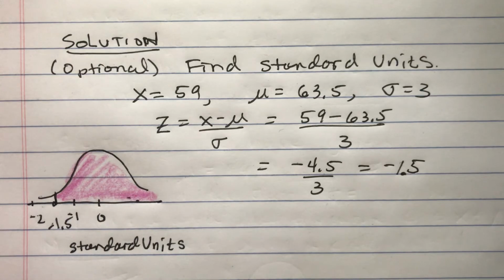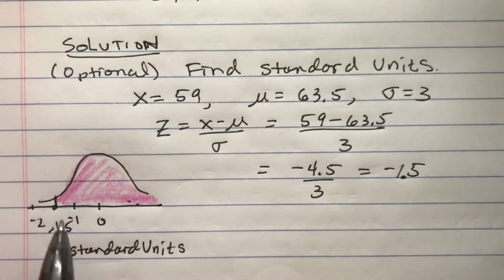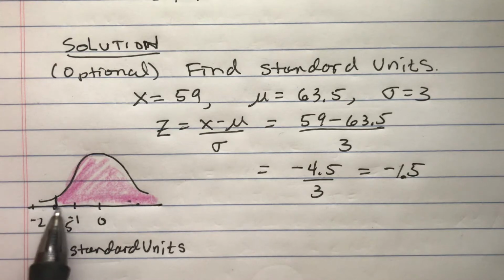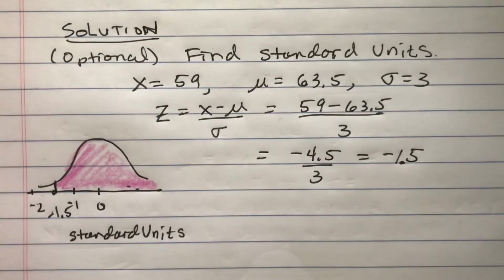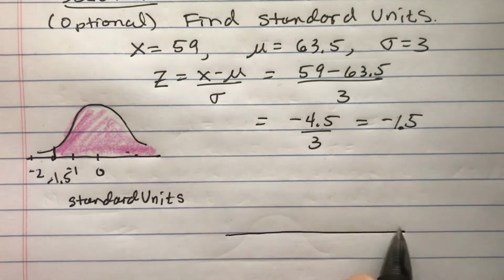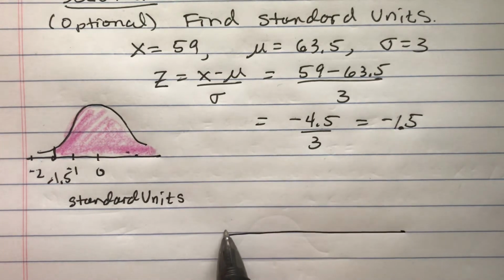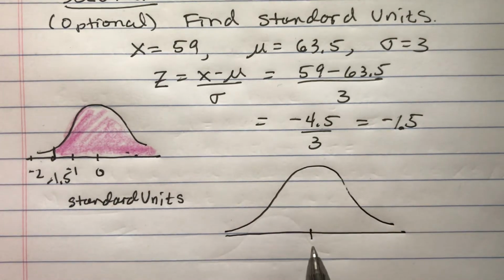If I did this enough, maybe that would be something I'd be interested in. But let's not do that. I was just about to get off on a tangent there. But what we're looking at is that this value of 59 inches is 1.5 standard deviations below the mean.